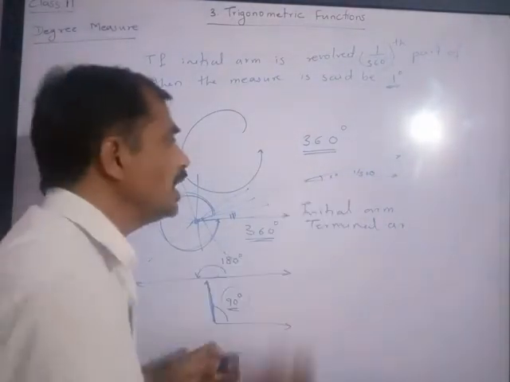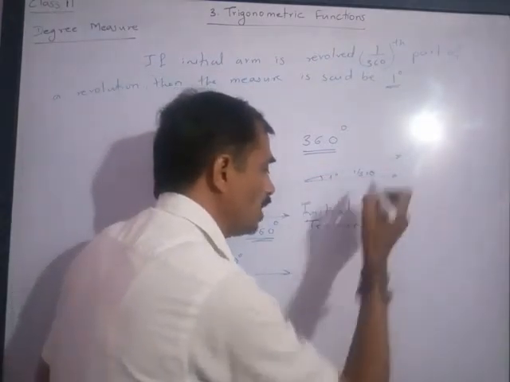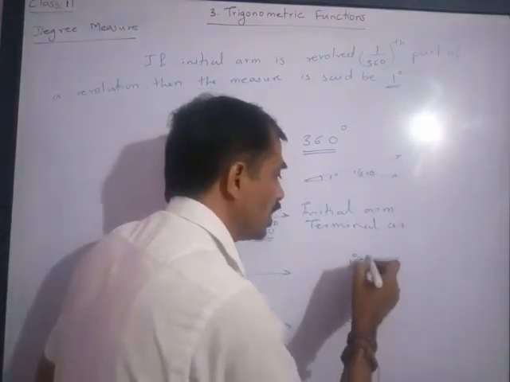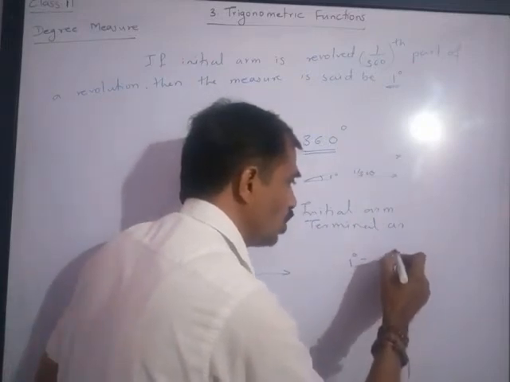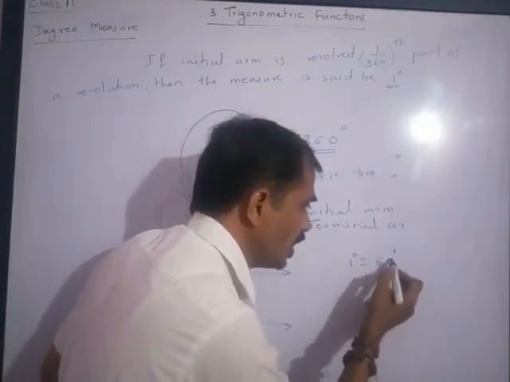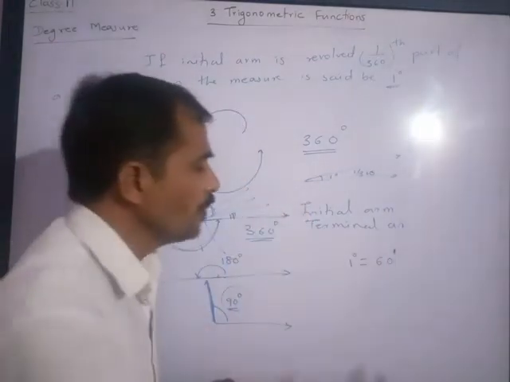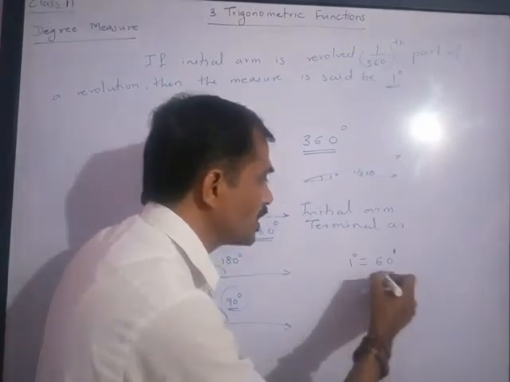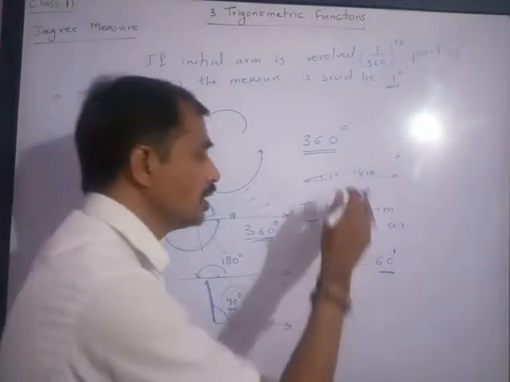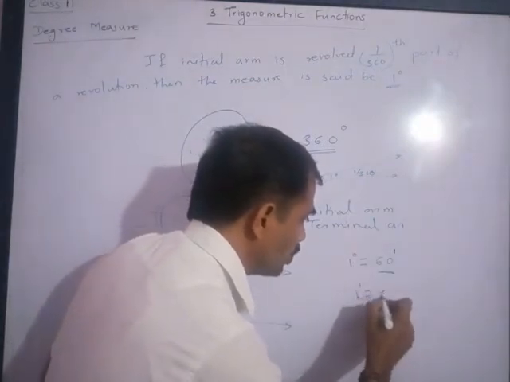This 1 degree is divided into total 60 parts. If it is divided into 60 parts, it is called minutes. Please note, here it is written 60 and raised to it, you can see one apostrophe-like comma. So 1 degree is equal to 60 minutes, and 1 minute can be divided further into 60 seconds.